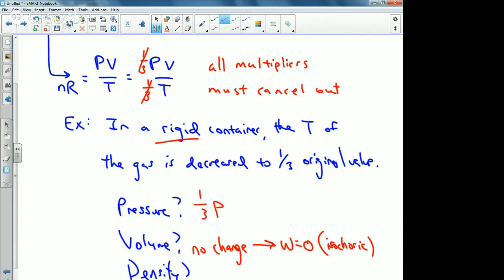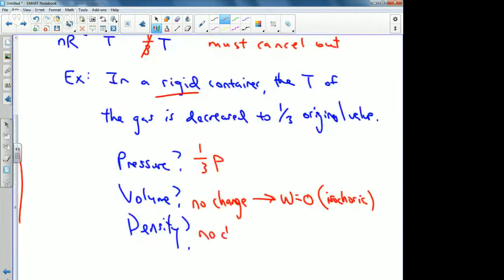What happens to density? Is it not change? Why? Because if the mass is the same and the volume is the same, there's no change. Same mass over volume.